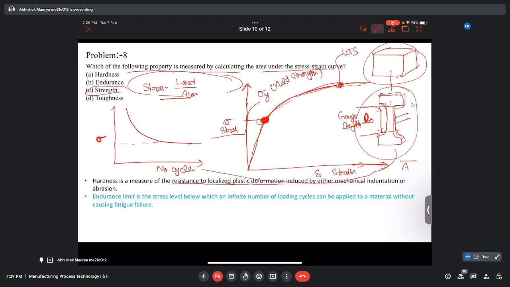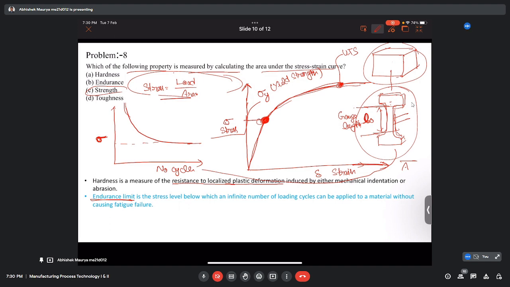That minimum value of sigma or stress, below which if we keep on applying the cyclic load infinitely, the material will not fail, is called the endurance limit. Okay, I will repeat again.